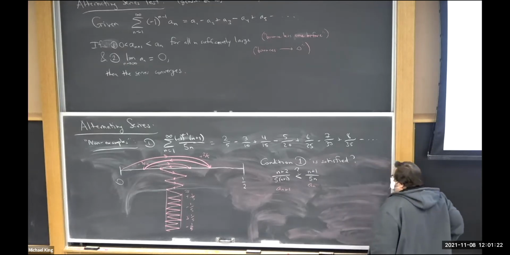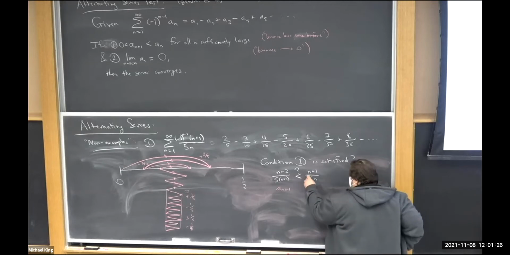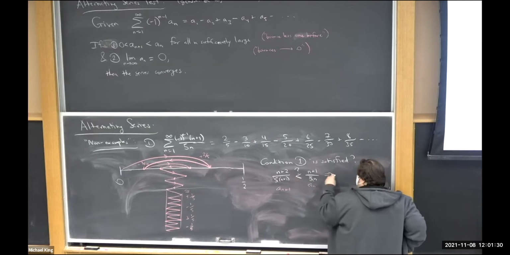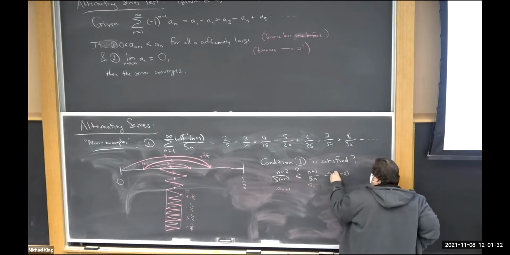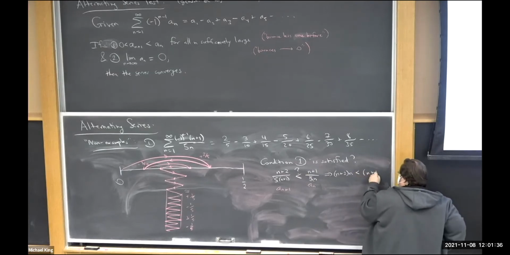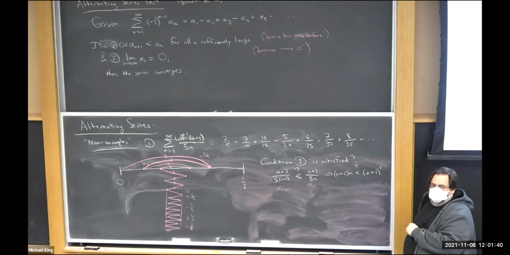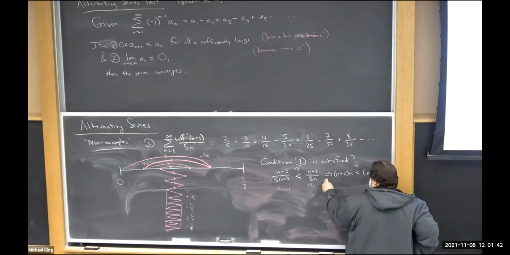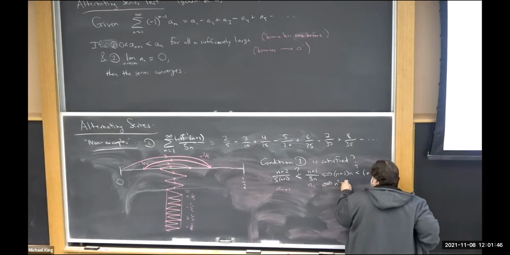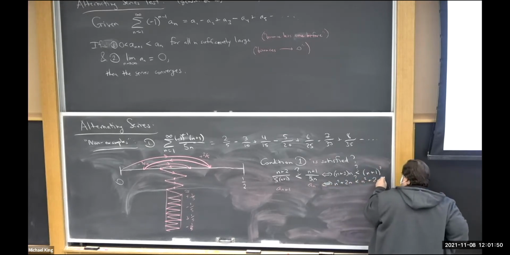I think that is true, but you could also do something like, let's see, I can get rid of the 5s. If I cross multiply, it becomes this question: is (n plus 2) times n less than (n plus 1) squared? That's the same thing as n squared plus 2n less than n squared plus 2n plus 1.